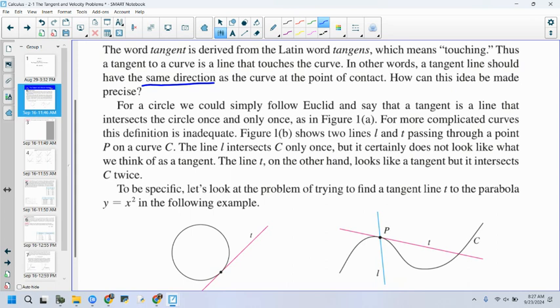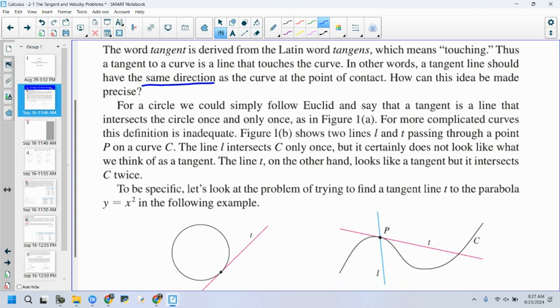So how can we make that definition a little bit more mathematical and more precise? We don't just say it's going to touch the curve. How do we say that in terms of our algebra brain?